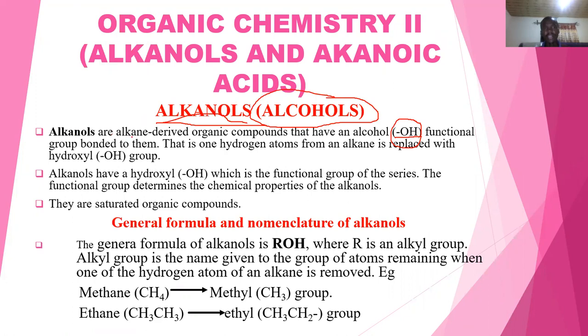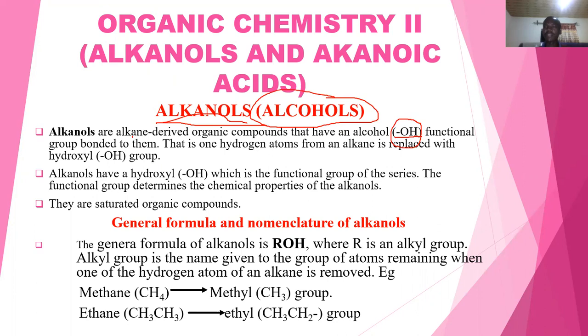The alkanols are derived from the organic compounds alkanes. For example, in Form 3, we discussed the alkanes, and we said the first member of alkanes is methane. From those members of alkanes we derive the alkanols.